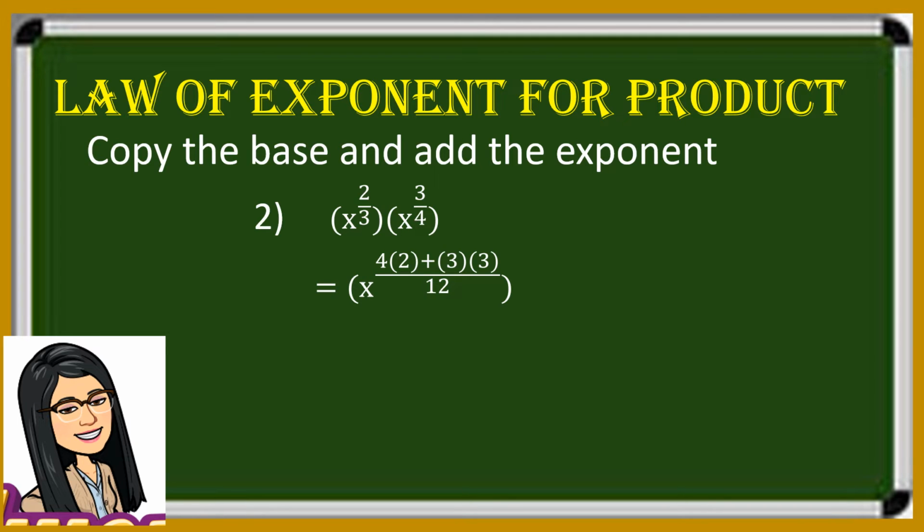Copy the base x raised to our exponents. 12 divided by 3 is 4 times 2, which is 8. So added to 12 divided by 4, which is 3, times 3, which is 9. Then add 8 plus 9, which is 17. So x is raised to 17 over 12. This is our answer.